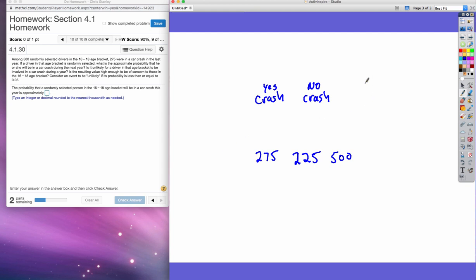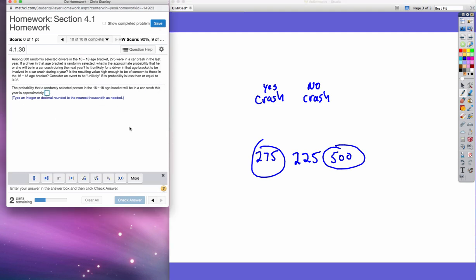Okay, so they're just talking about one age group, so we don't have to set up a table here. We'll be in a car crash. So this should be your numerator and that should be your denominator. 275 over 500. And it looks like it's 0.55. And it says round to the nearest thousandth, which is 3 decimals, by the way.